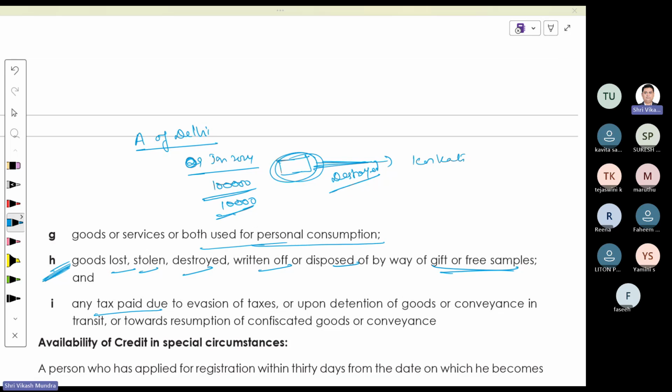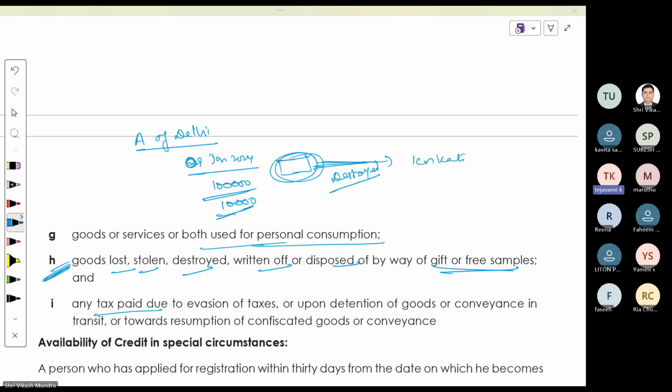Okay. And what are the block credits? Mention any 5 items where block credit, that means ITC, is not available. Personal items like food and beverages, cosmetic treatments, and health services, sir.